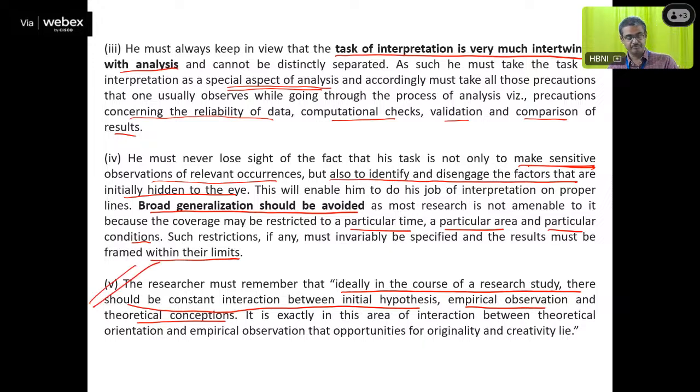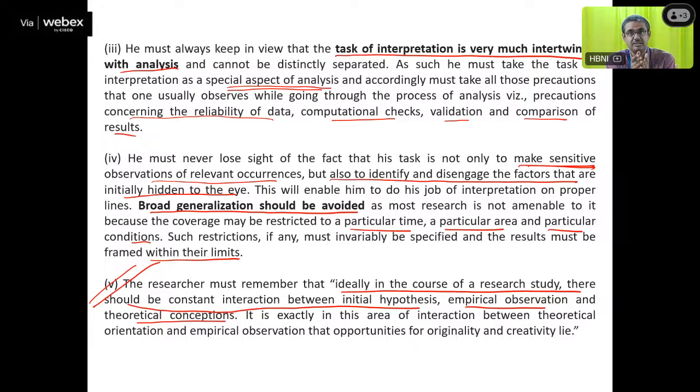If you see what is mentioned here in a textbook, the researcher must remember that ideally in the course of a research study, there should be constant interaction between the initial hypothesis. Many classes back, we studied about initial hypothesis. Then we went into many stages.